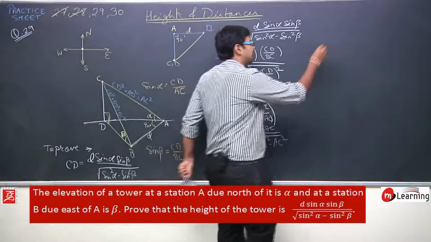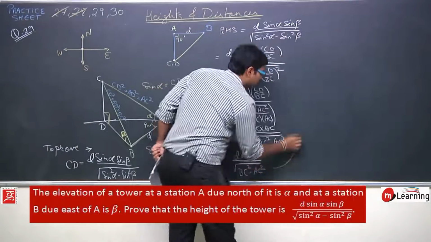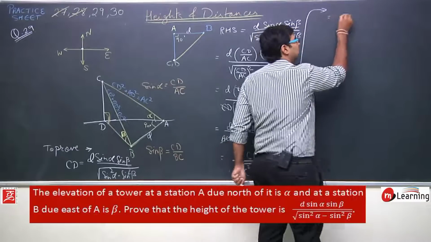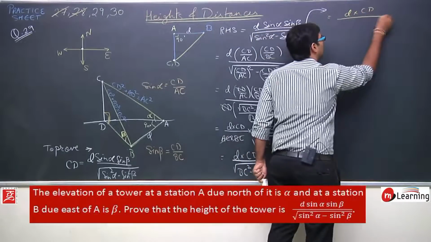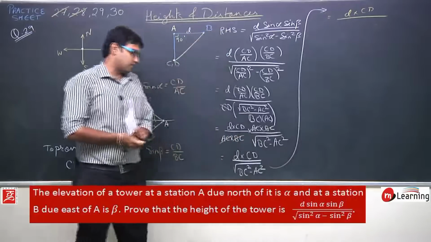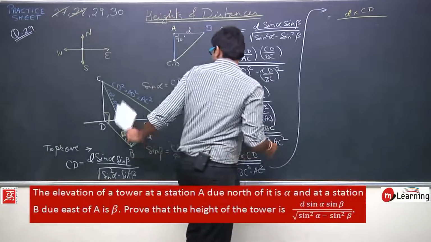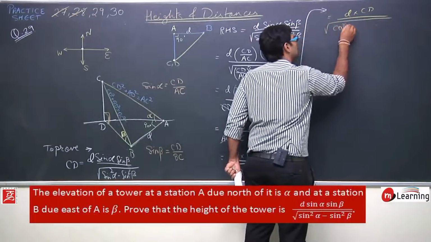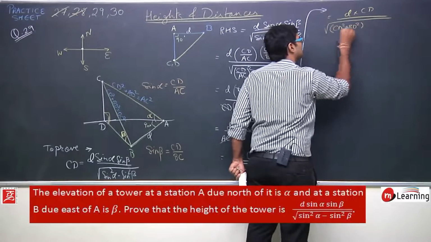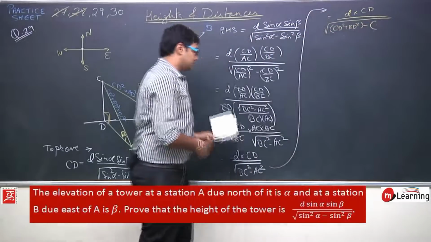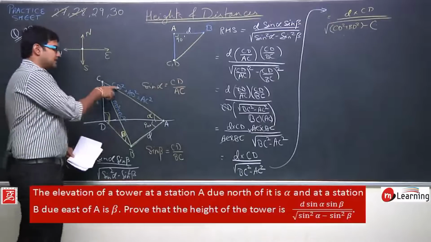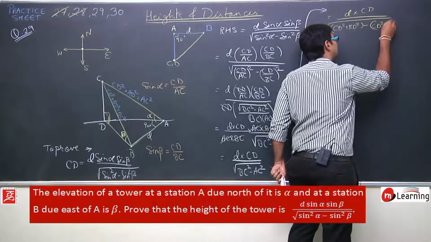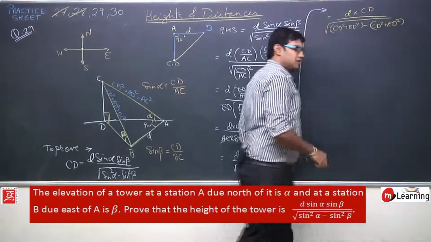So from here it is equivalent to D times CD upon square root of, first is BC square, so CD square plus BD square, minus AC square, which is CD square plus AD square.